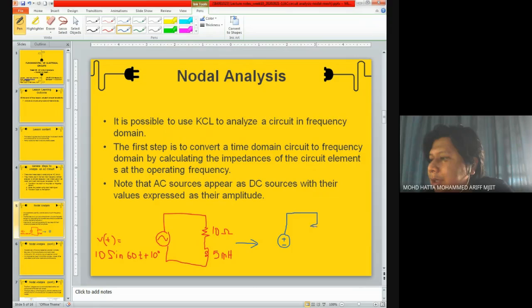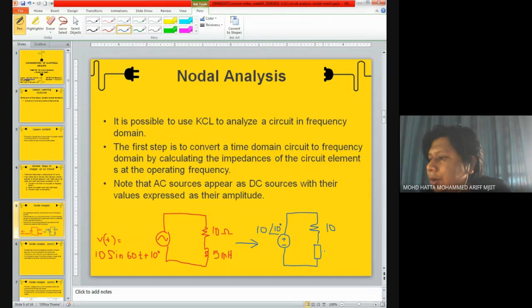Remember that this is for Z. I usually use a box symbol, and also for reactance I usually use a box symbol here. Now for the voltage, you can write it like this, with the angle of 10 degrees. And here is 10 ohm.